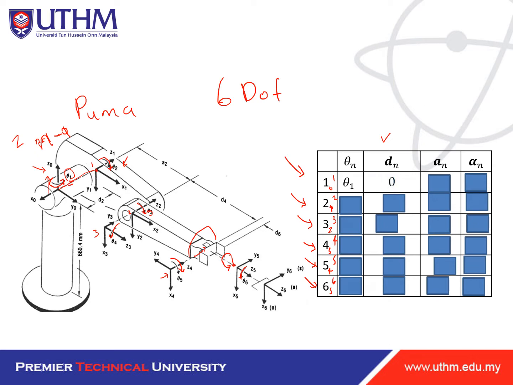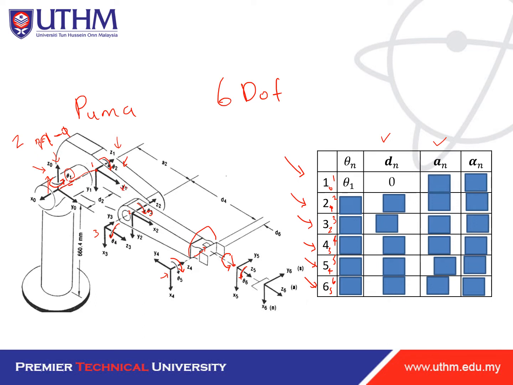Next, we want to find the rotation of x1, so that the Z0 here will be the same as the Z1. So An is the movement along the x1 axis.